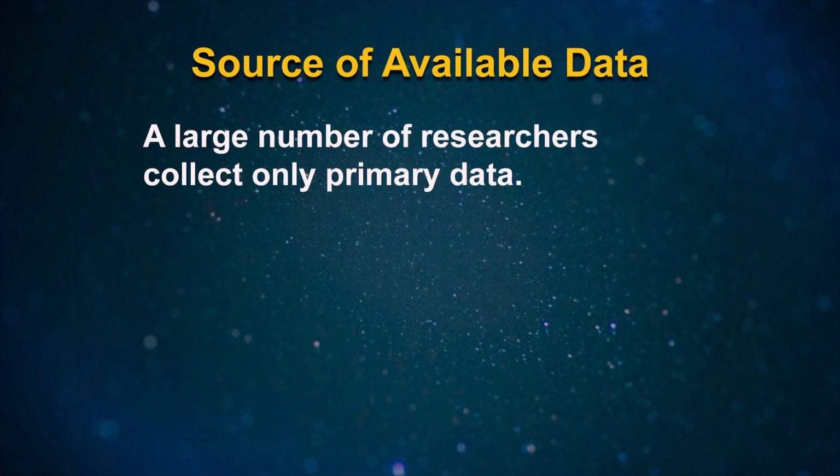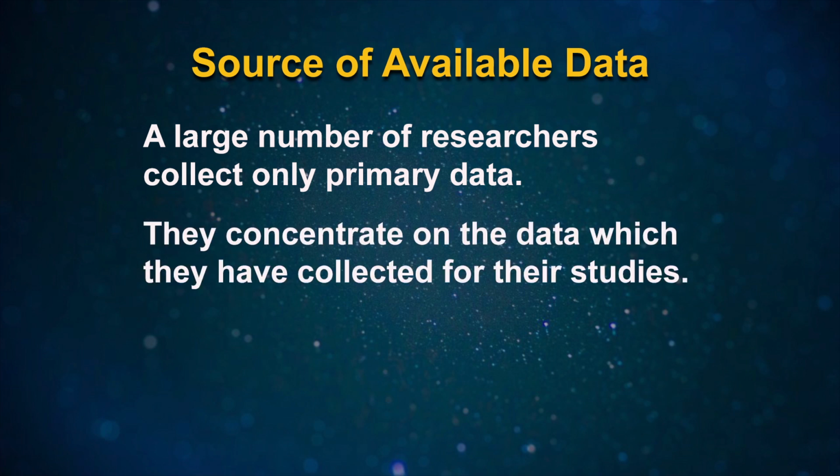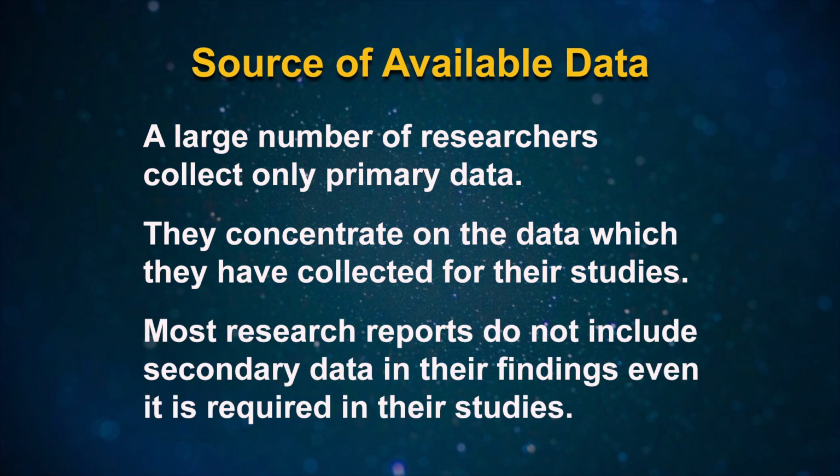A large number of researchers collect only primary data. They concentrate on the data which they have collected for their studies. Thus, most research reports do not include secondary data in their findings even if it is required in their studies. It is a good idea to use secondary or available data if it explains the results based on primary data further and contributes to the research findings considerably.